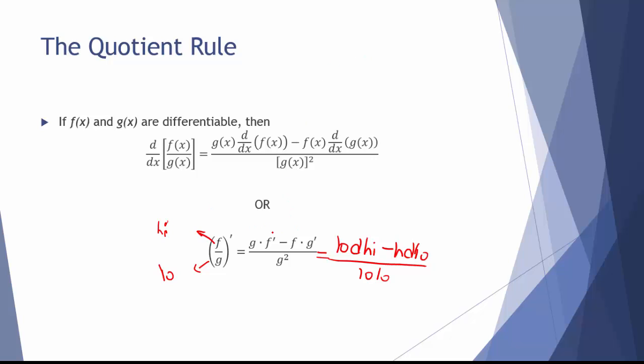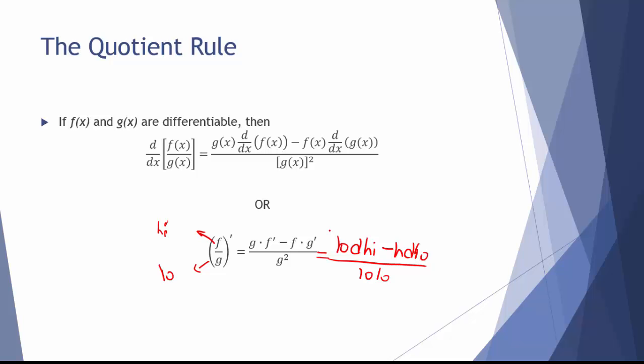Because the quotient rule contains subtraction instead of addition, you must go in the correct order in the numerator, or you're going to be off by a sign. You must have, for your first term in the numerator, the denominator times the derivative of the numerator. And for your second term, you must have the numerator times the derivative of the denominator. So order is actually much more important in the quotient rule than it is in the product rule. Now you can still technically switch the multiplication. The multiplication is commutative, but subtraction is not.